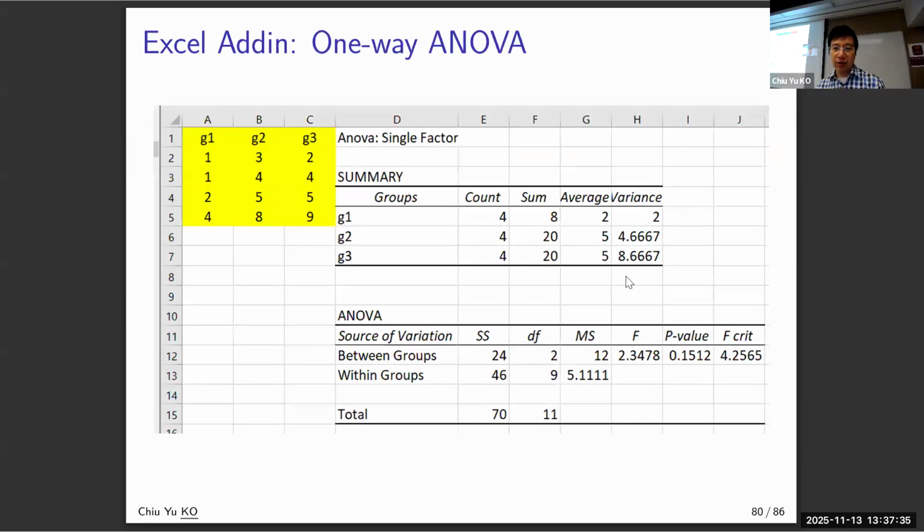I think we covered that last time already. The important point is looking at this p-value. If this p-value is less than 5%, that means this grouping does have some meaning. Not the same.